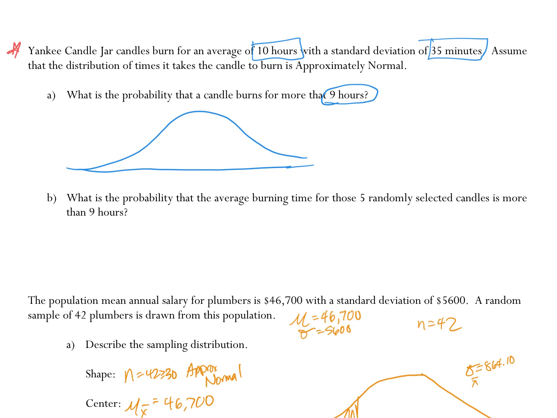The first trick is that your mean and your standard deviation need to have the same unit. So what you needed to do is say that the mean was 600 minutes, and your standard deviation was 35 minutes. Either that or work the other way. Now 9 hours is 540 minutes and you're shading to the right.